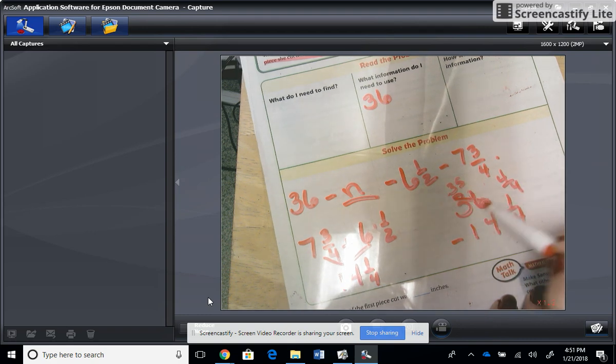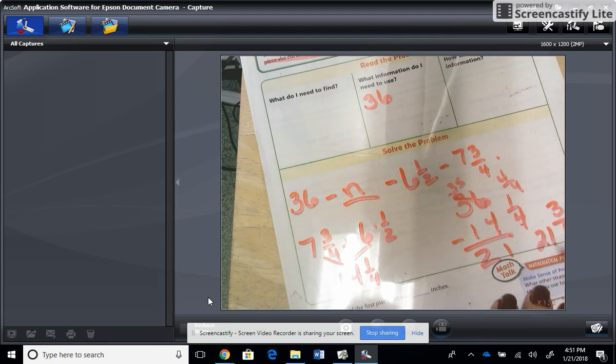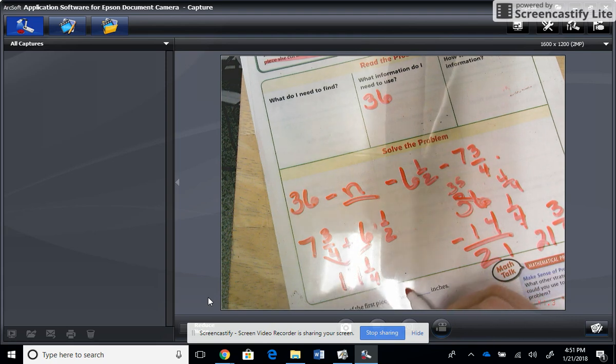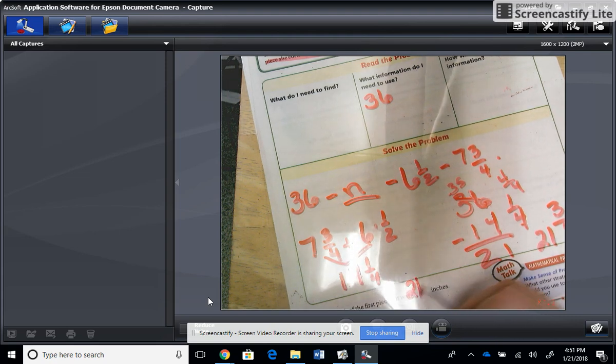If I take 1 whole one away, and I want a fourth, it's 4 fourths. Because if I have 4 fourths and I subtract 1/4, I get 3 fourths. Now I just have to subtract on this side, and I get 21 3/4.